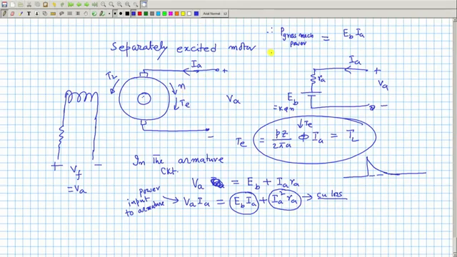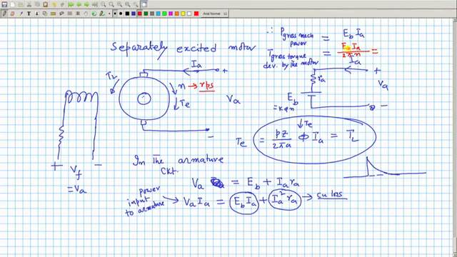Then the gross torque developed by the machine, by the motor, will be equal to Eb Ia by 2 pi n, if n is in RPS. Power divided by angular speed gives you torque.